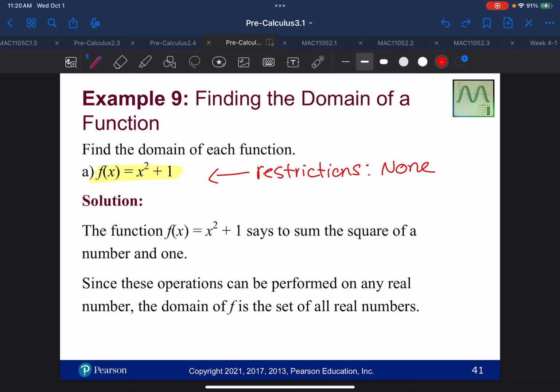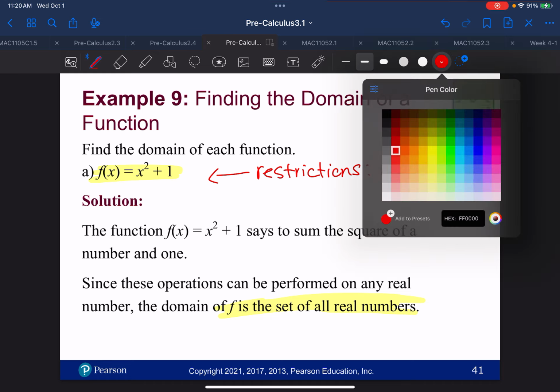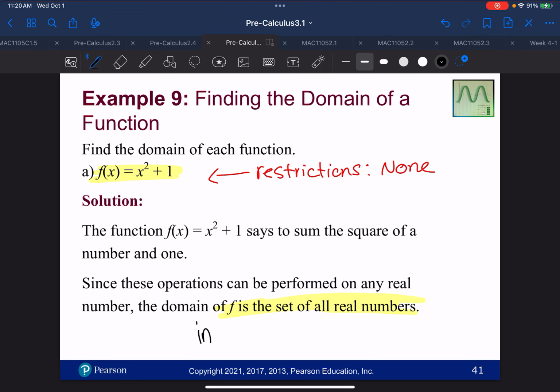Doesn't matter. I can plug 0, I can plug negative numbers, everything. So the domain here is the set of all real numbers. Interval notation to represent all real numbers is from negative infinity to infinity, parentheses.